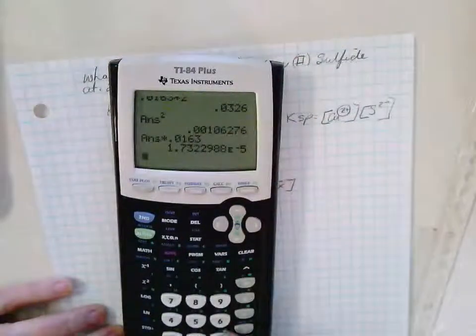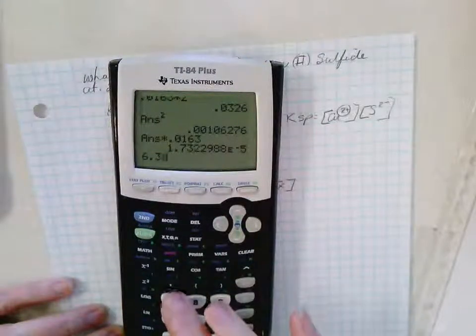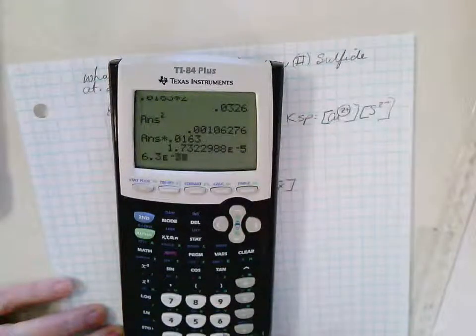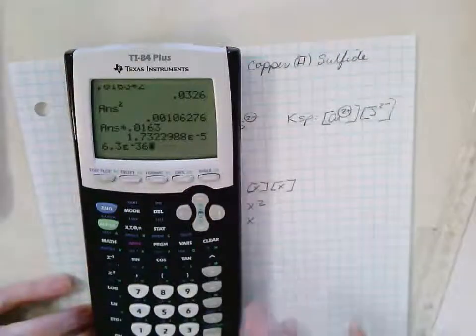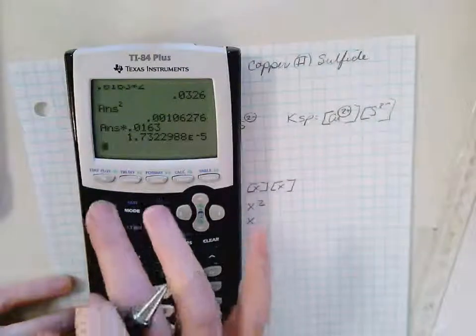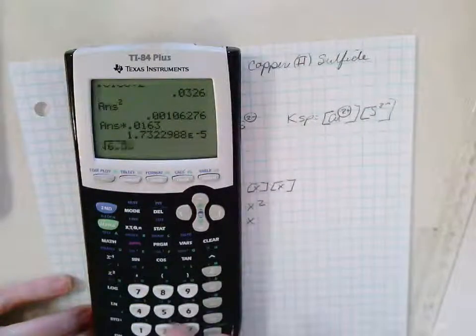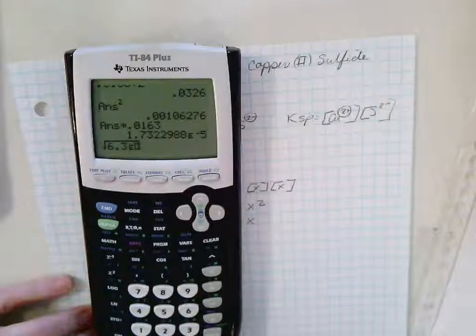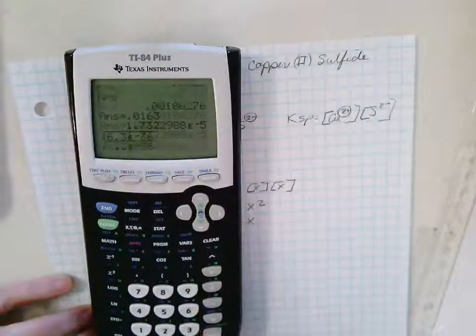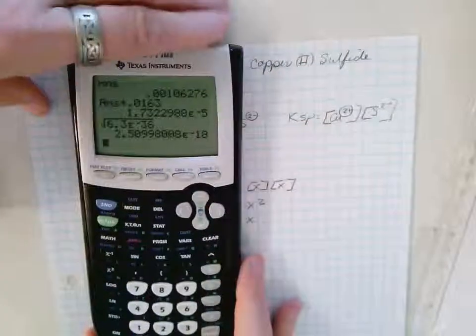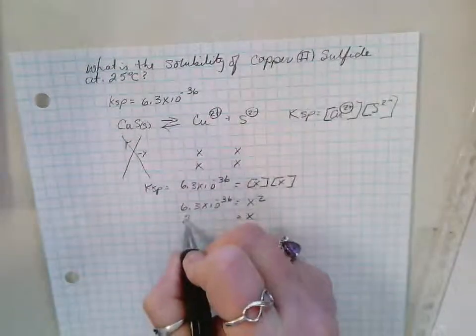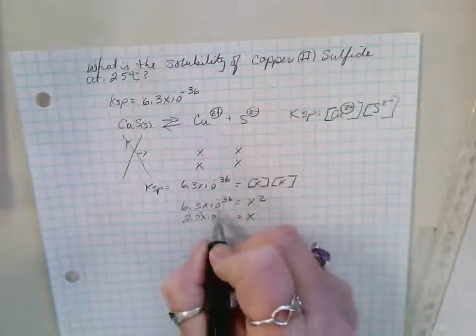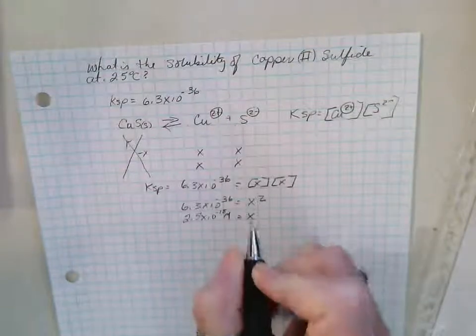I enter 6.3 second EE negative 36, and I need to take the square root of that. So second square root of 6.3 EE negative 36 equals, and I get 2.5 times 10 to the negative 18. And that's going to be molar.